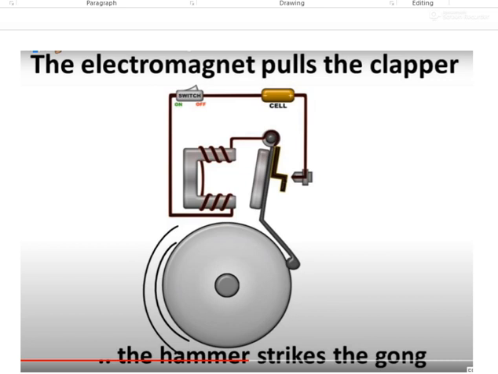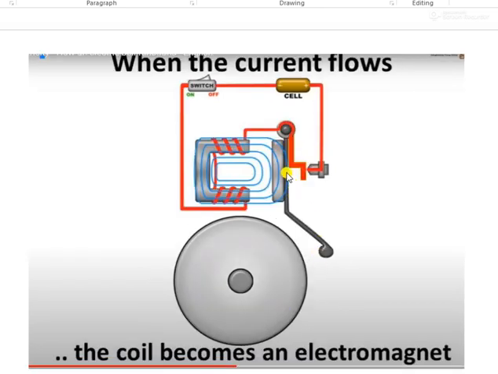And when the current stops, again this strip comes to the original position. Why? Because as I said earlier, only when current is there is magnetism produced. When current is stopped, there is no magnetism. So with no magnetism, the iron strip comes back to its original position. And again when it comes to the original position, the contact will complete.